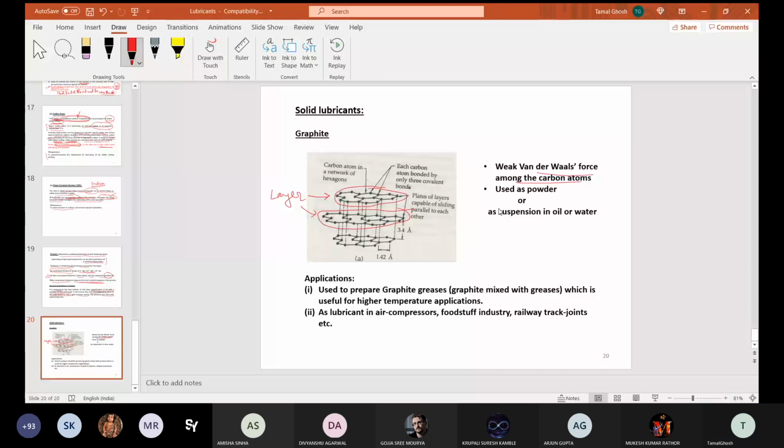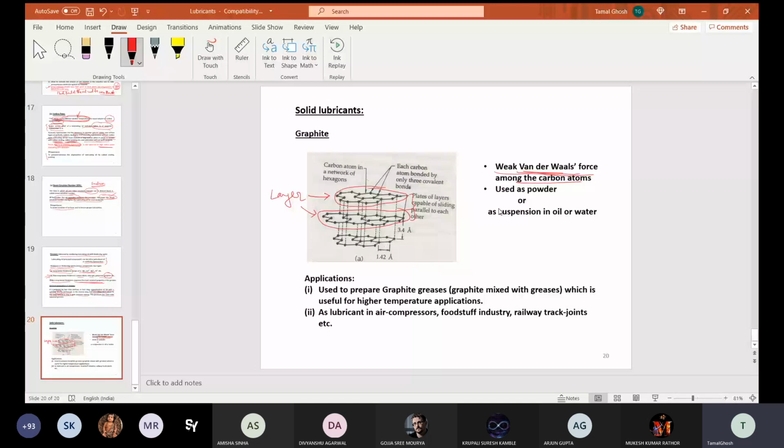Okay, so graphite is the solid lubricant. Between these two layers, a very weak force of attraction is working, that is the van der Waals force. If you remember, covalent and ionic bonds are relatively much stronger forces.